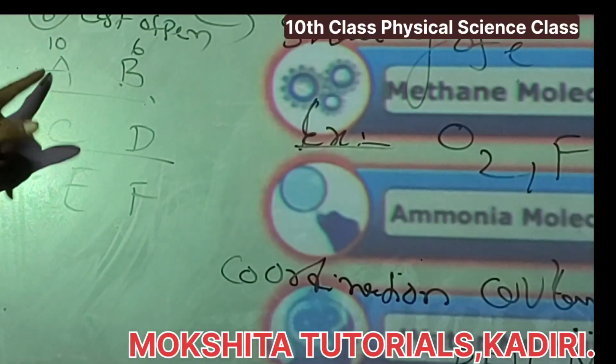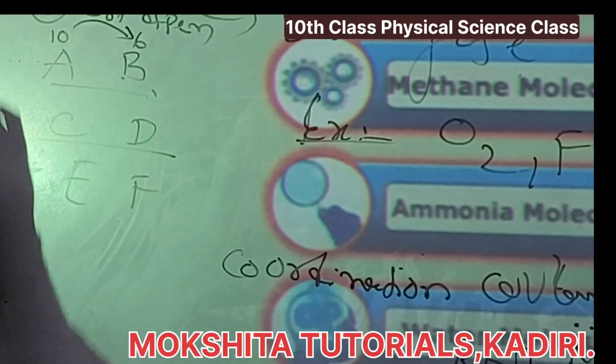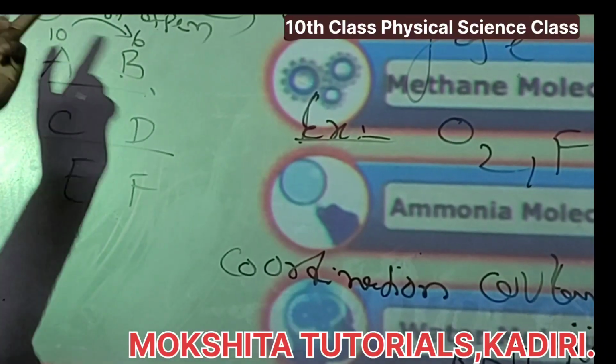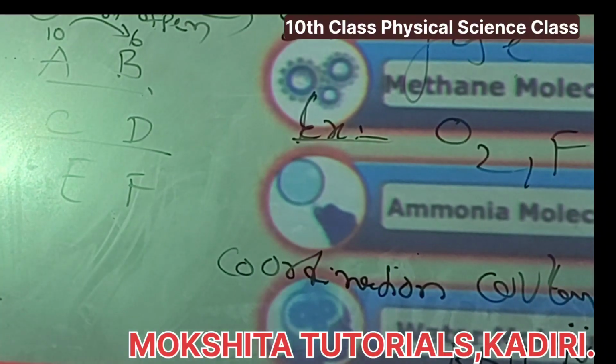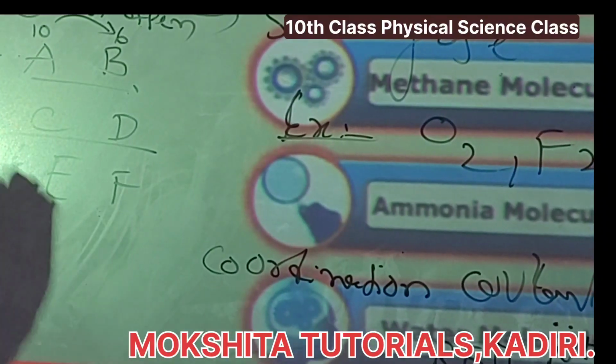There are 2 persons, A and B. If person A has 10 rupees and person B has only 6 rupees, then A will give 2 rupees to B, so that both persons get pens and use the pens separately.